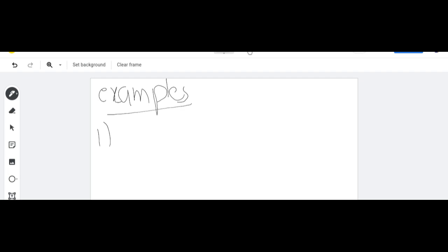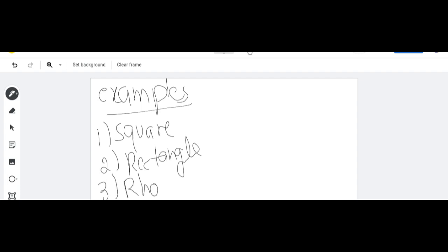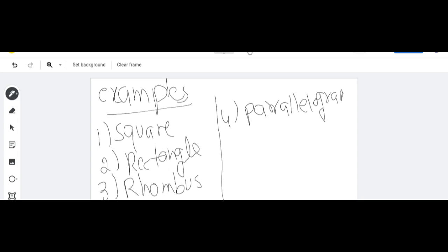First one is square, then we have rectangle, then rhombus, parallelogram, and trapezium.